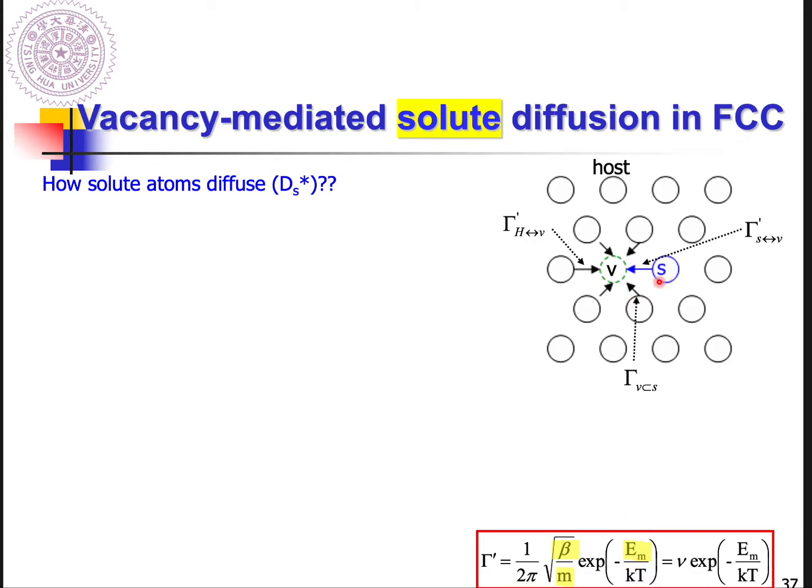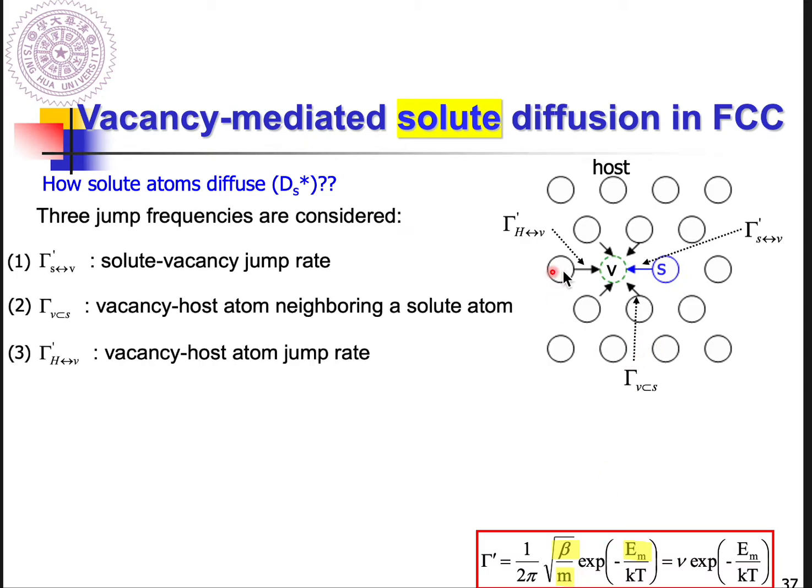Because there's a solute atom, which is a different kind of atom compared to the host atom, the bond between the solute atom and host atom, or the solute atom and the vacancy, is definitely different, and the reduced mass will also be different. So here we have three different kinds of jump rate that need to be considered.